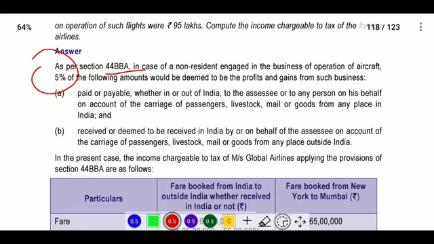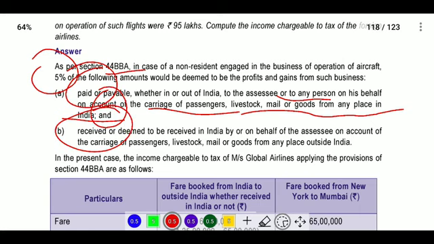Paid or payable, whether in or out of India, to the assessee or to any person on account of carriage of passenger, livestock, mail, goods from any place in India, and this is paid, received or deemed to be received in India by or on behalf of the assessee on account of carriage of passenger, livestock, mail, goods from any place outside India, from any place inside India.